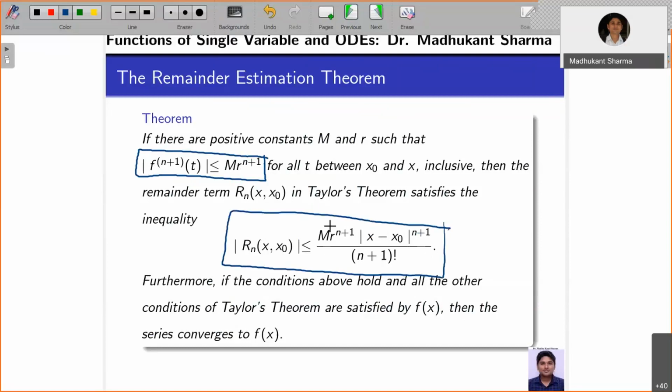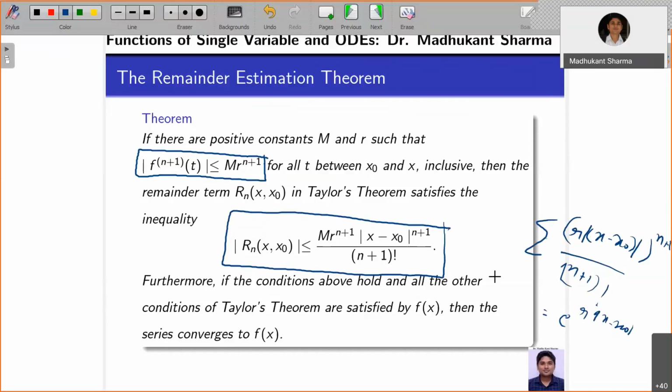So you can show that this is going to be the summation of (r times the modulus of x minus x naught) to the power n plus 1 by (n+1) factorial. If you recall, this is nothing but the expansion of e to the power r times the modulus of x minus x naught. And that converges, as you can show.